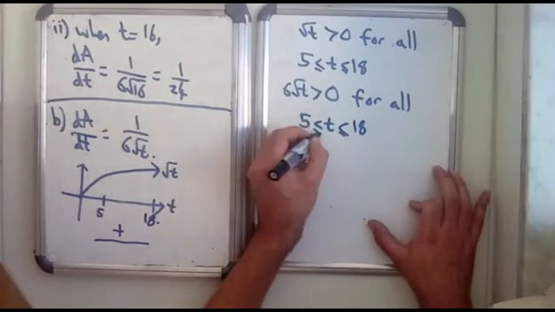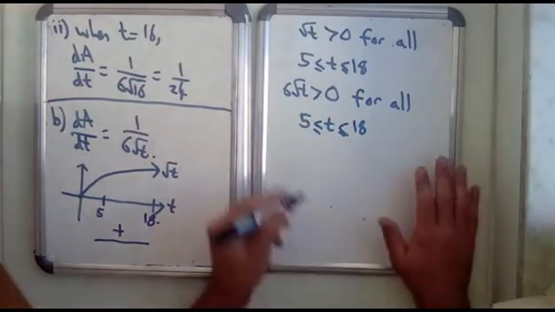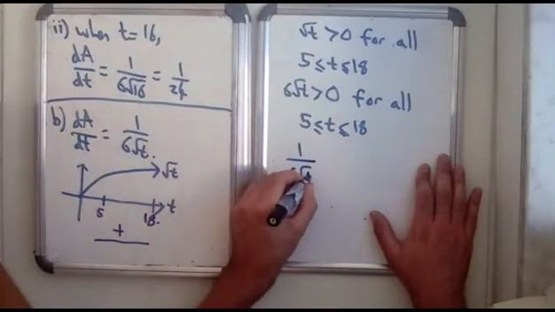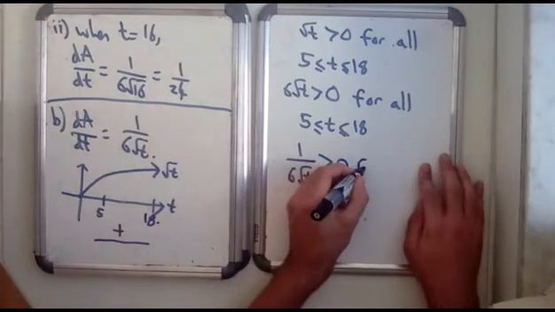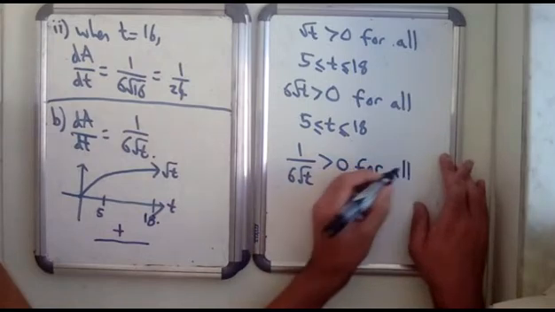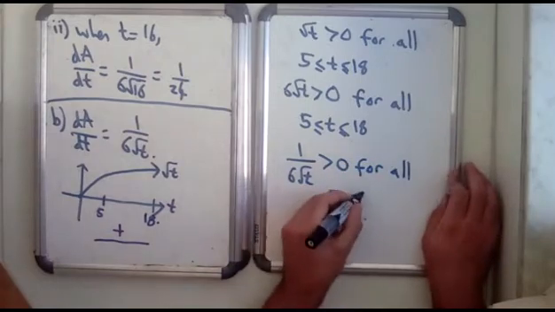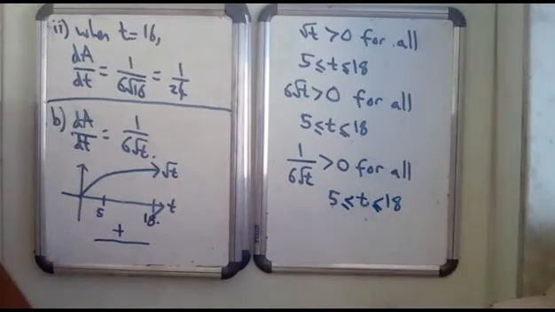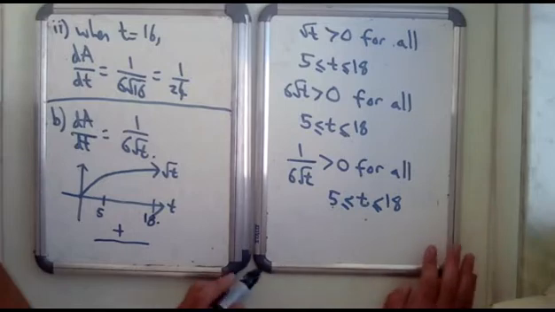And then if I divide 1 by a positive number, it's positive divided by a positive. So 1/6 root t must be greater than 0 for all t between 5 and 18 years. So that mathematically explains why it's true.